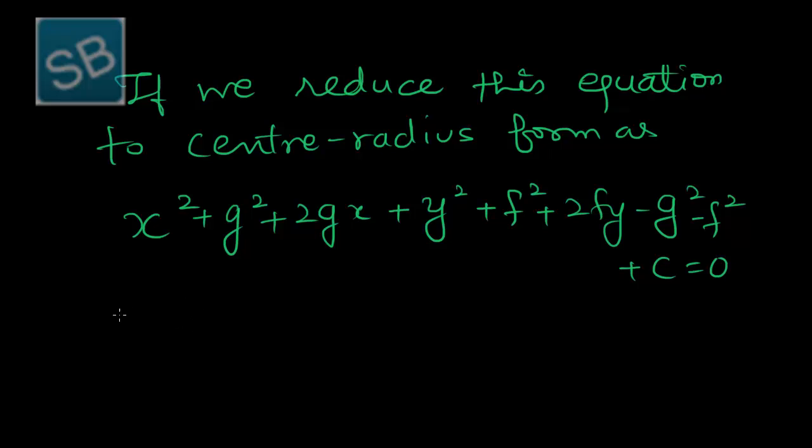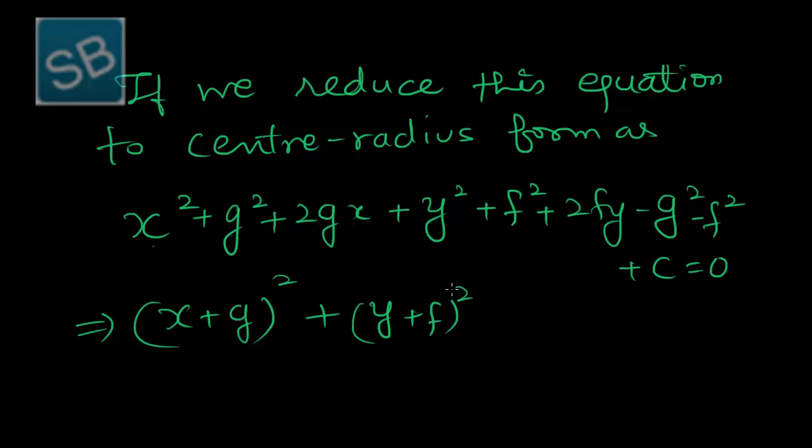That is, in square form we get a square plus b square plus 2ab, that is x plus g whole square. Similarly, it becomes y plus f whole square is equal to g square plus f square minus c.